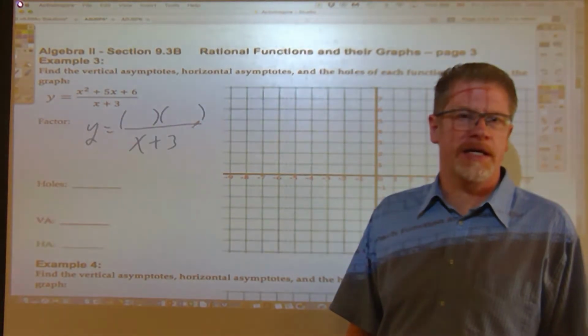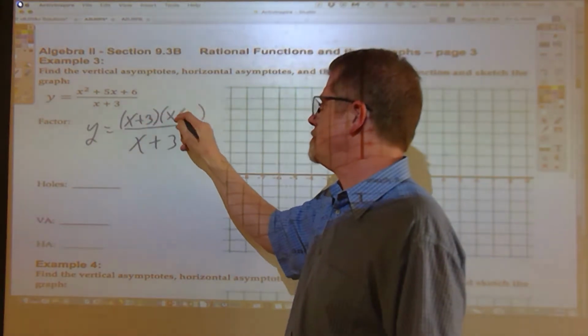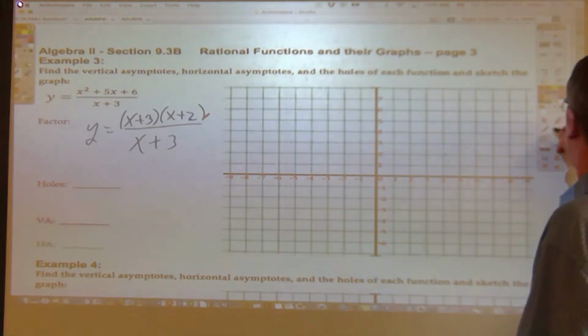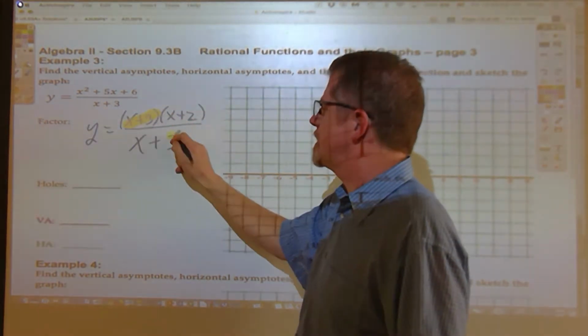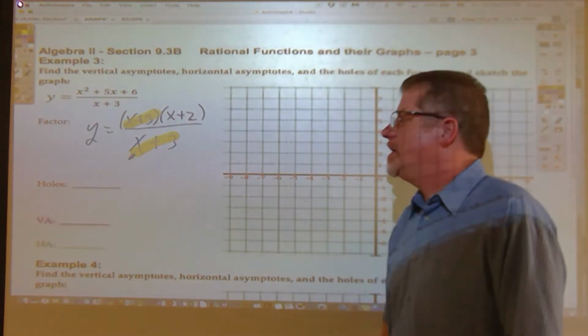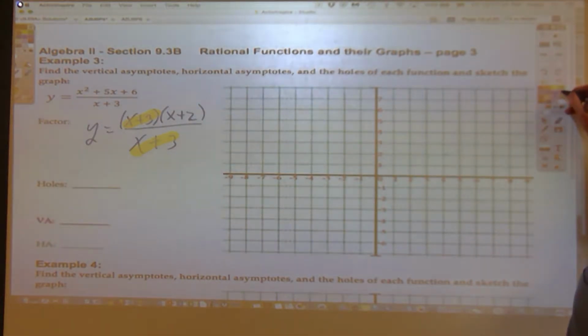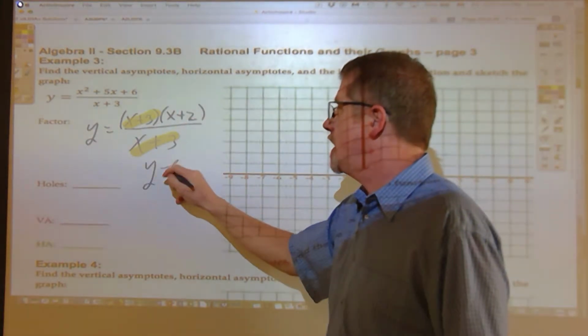Not a bad guess at all. They usually pre-cook these problems so that you can get a hole, and this case is no exception. Fill in the x and y coordinates of the hole.